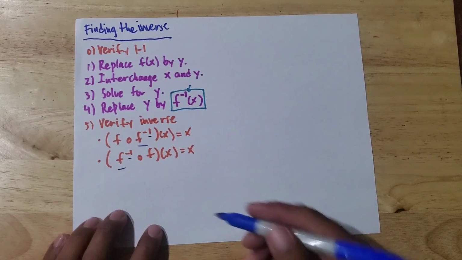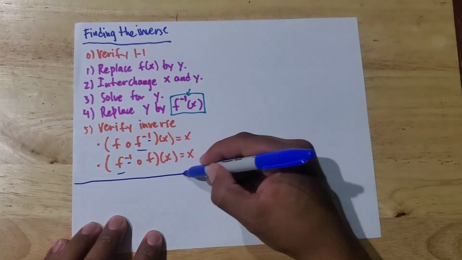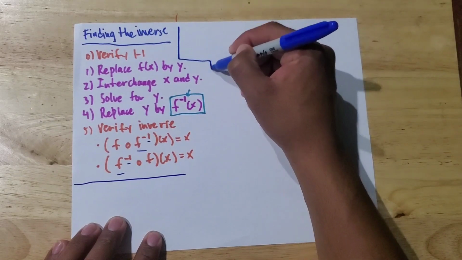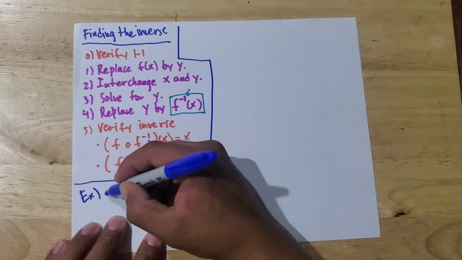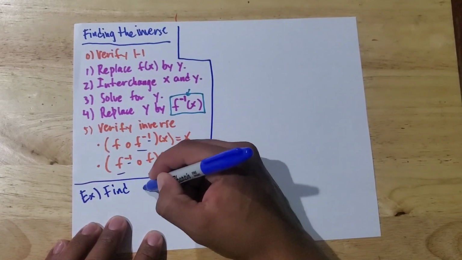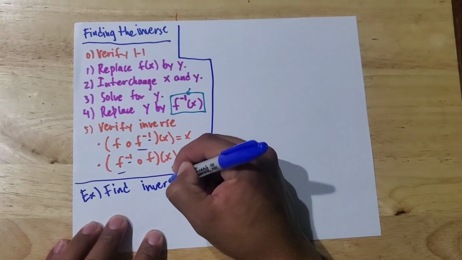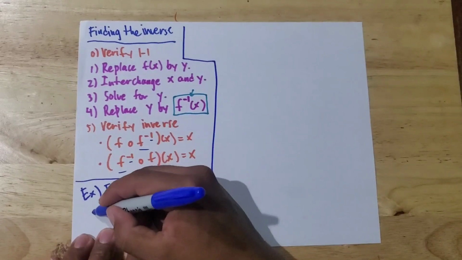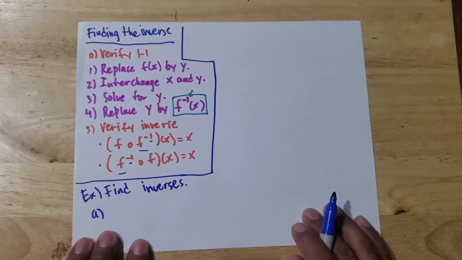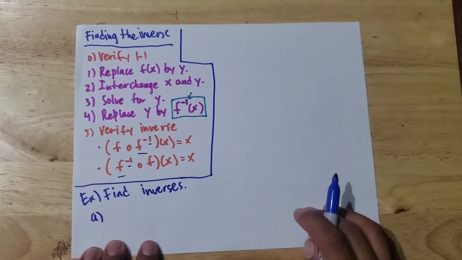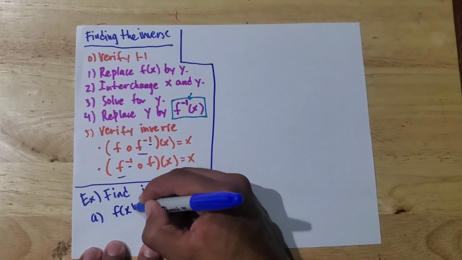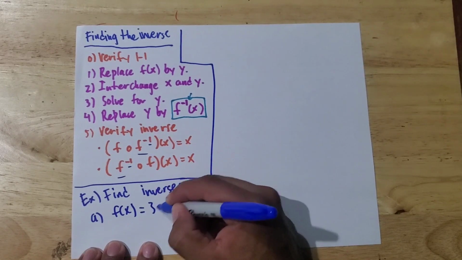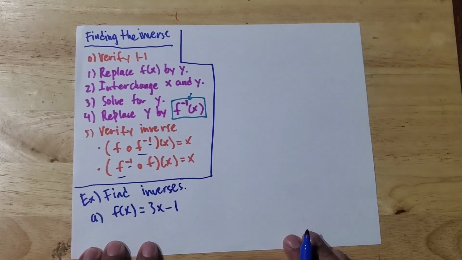We'll start with something small, nothing too crazy. So we're going to find inverses now. So for starters, let's say we have f of x is equal to 3x minus 1.